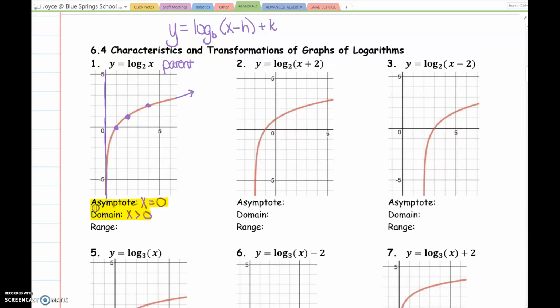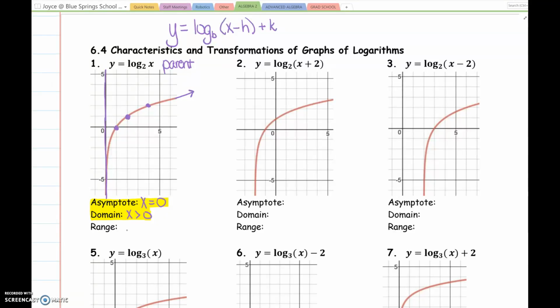Do you see how this is reverse from the last graphs that we did? Previously, we had a horizontal asymptote, so the asymptote was linked to the range. Now we have a vertical asymptote, so the asymptote is linked to the domain. In our last unit, the domain was all real numbers and the range was tied to the asymptote.